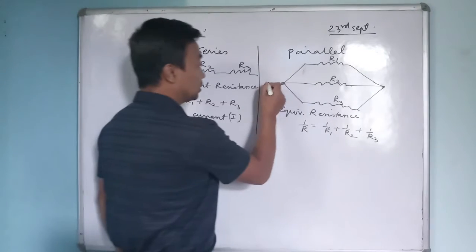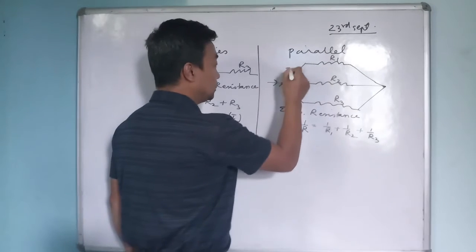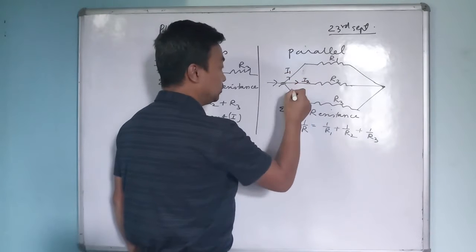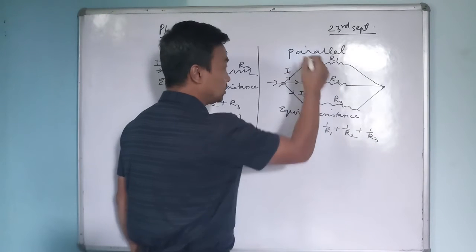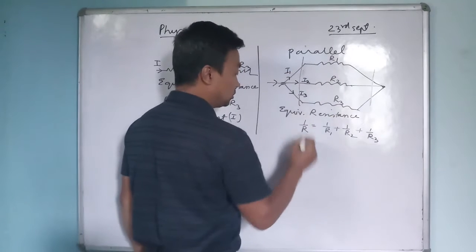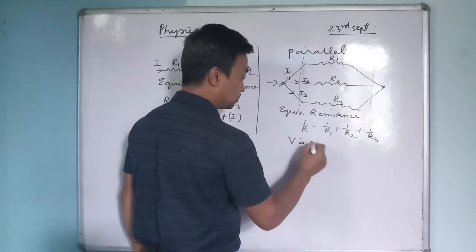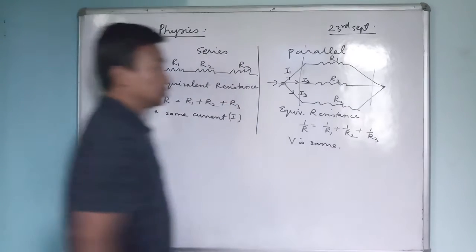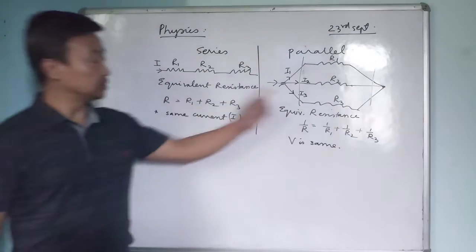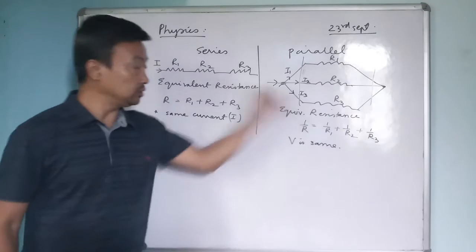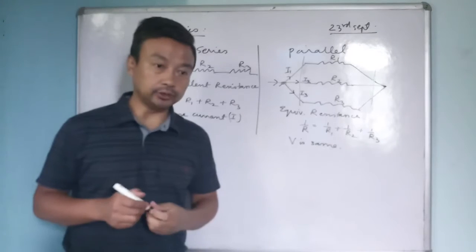Here the current is not the same, it is splitting into individual sections. So what is the same here? The potential difference remains the same. So these are the two formulas, and using these formulas we will be doing the numericals.